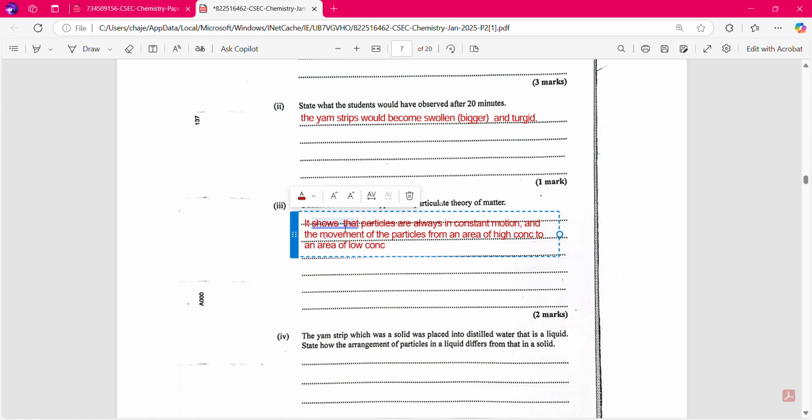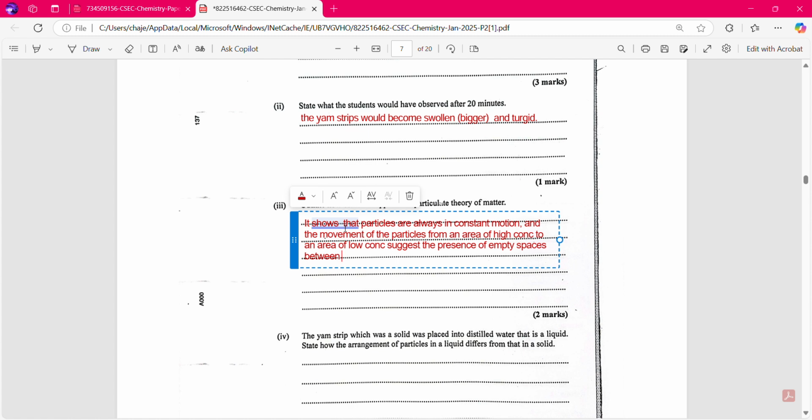There's something I need to correct you on about the definition. High concentration to an area of low concentration. I think my sentence wording is incorrect, but I think we get the gist of it.